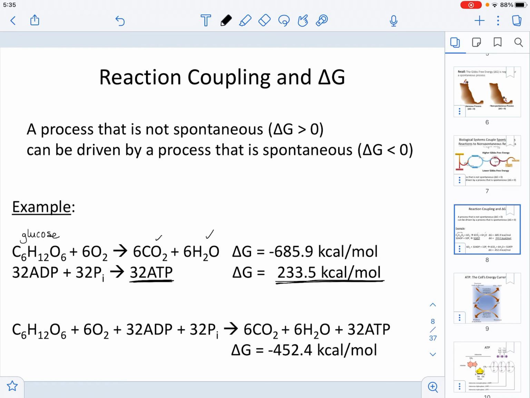But when we look at the overall reaction, meaning glucose interacting with O2 and also the synthesis of energy in the form of ATP, we see the process as overall spontaneous, because coupling these two processes gives an overall delta G that is negative, so the process overall is considered spontaneous.